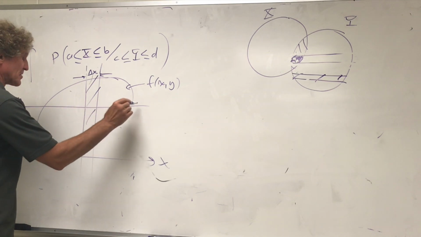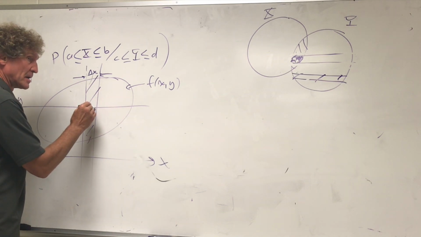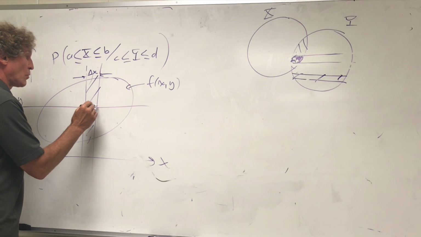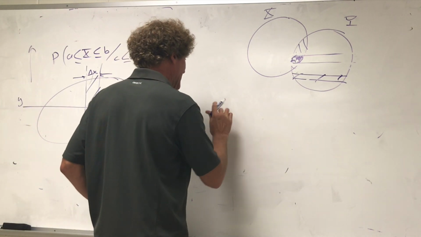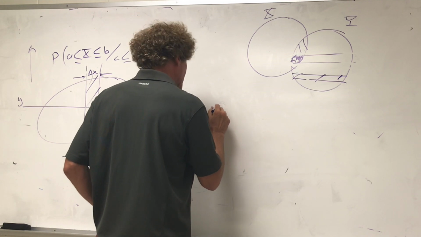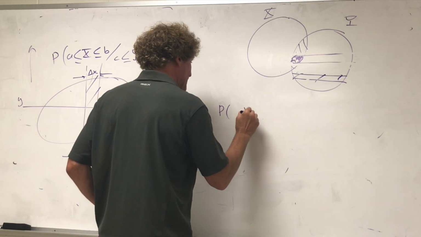If y does occur, then what is the actual value of the probability of x?